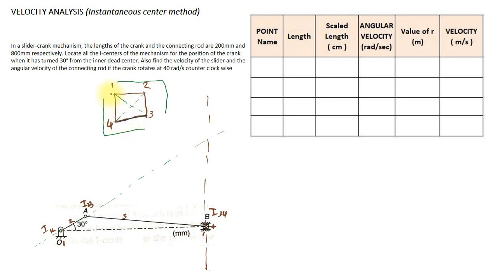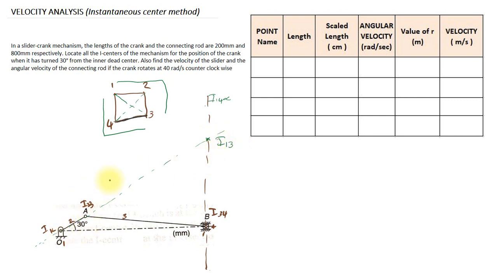Next is 1 4 and 3 4. I14 is at infinity. I34 is located over here. So this will be the intersecting point, and this point will be I13.